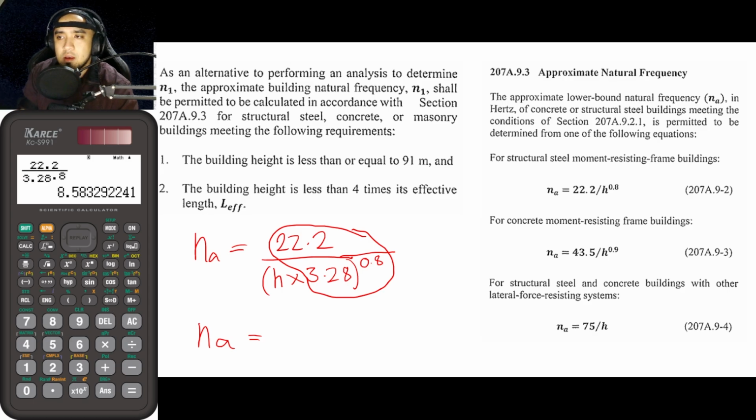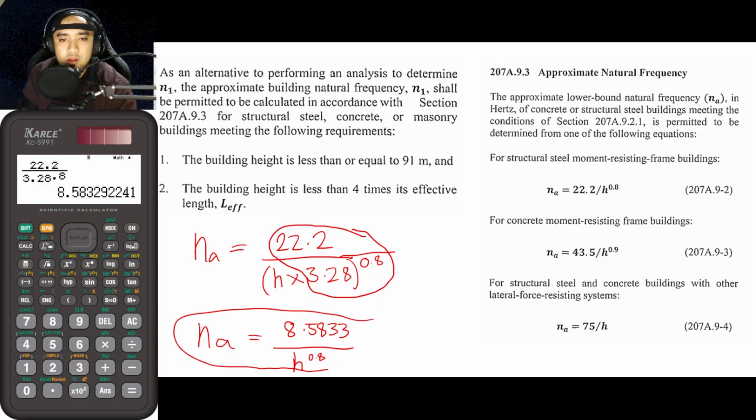So from that, this is 8.5833 all over h raised to 0.8. Okay, so you could actually memorize this if you're that kind of person who likes to memorize things. But if you prefer memorizing this equation, just take note that this h here must be in terms of feet, as well as for this h here, and as well as for this particular h here.